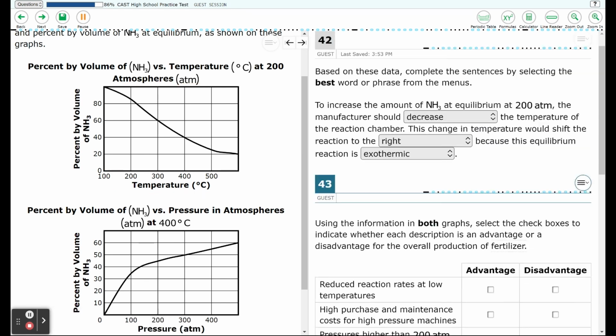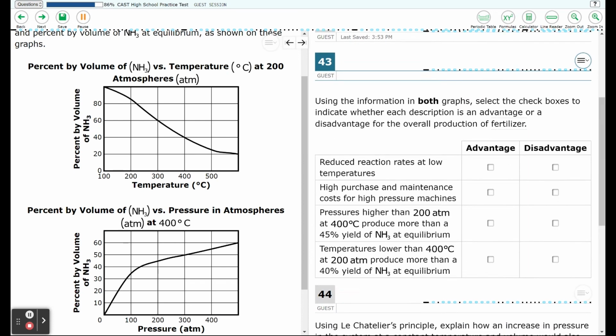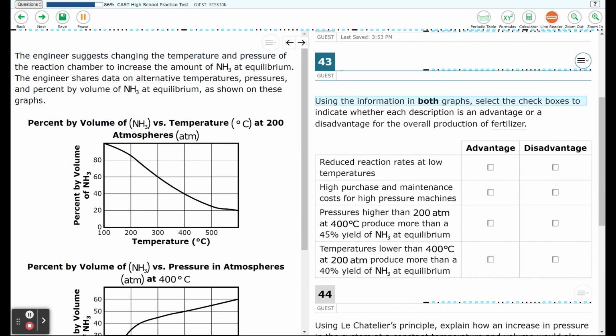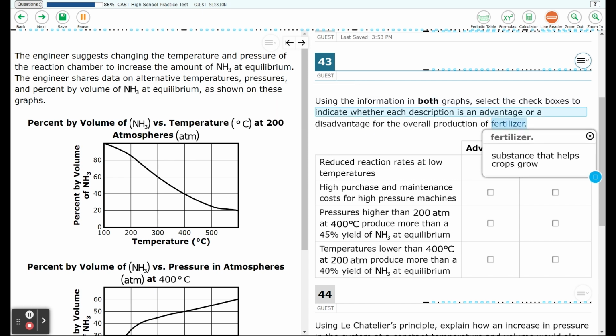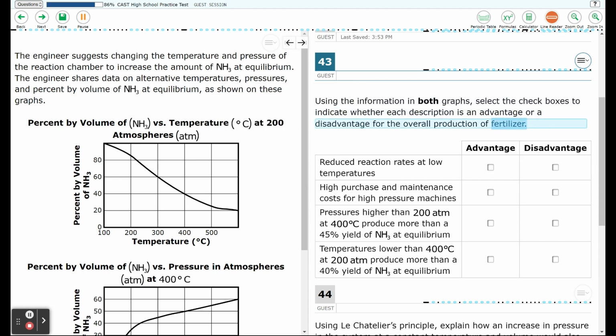All right, now moving along to question 43. Using the information in both graphs, select the checkboxes to indicate whether each description is an advantage or a disadvantage for the overall production of fertilizer. The 4 things you're going to have to decide on: temperature reaction rates at low temperatures, high purchase and maintenance costs for high pressure machines, pressures higher than 200 ATM at 400 degrees Celsius produce more than a 45% yield of ammonia at equilibrium.